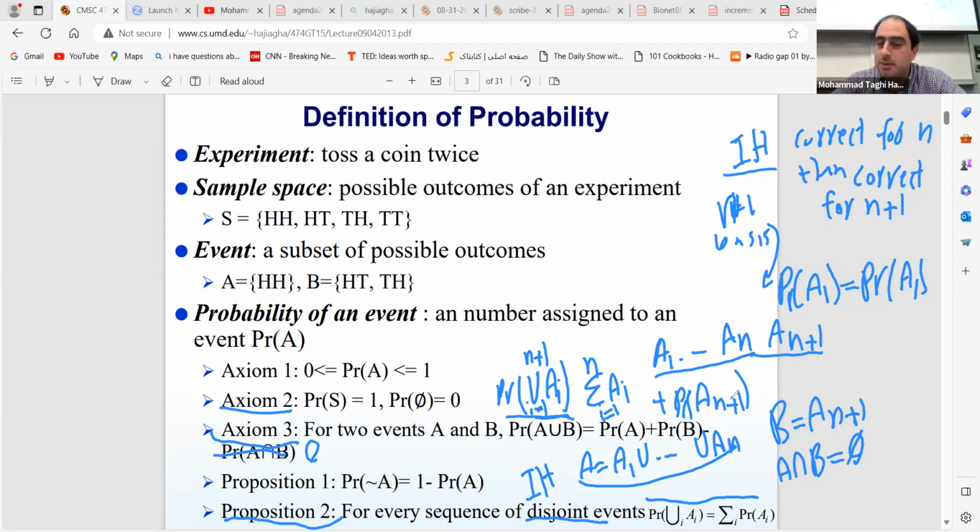So if you have this plus this, then it is essentially equal to the sum of the probability of A_i, i equal to 1 to n plus 1. And that's exactly what we have. Good.